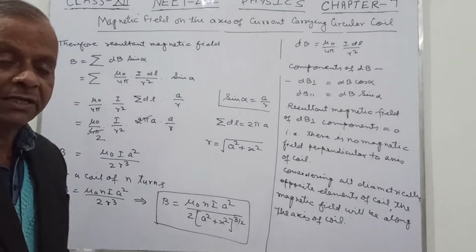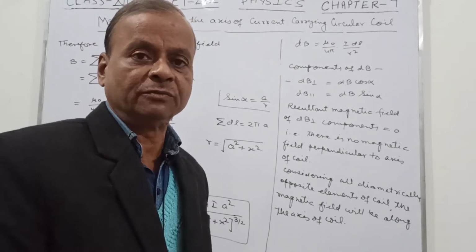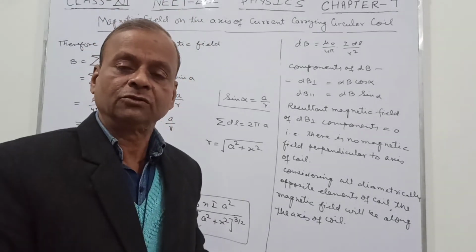Now this is the magnetic field at the point P, which is at distance x from the center of the coil.